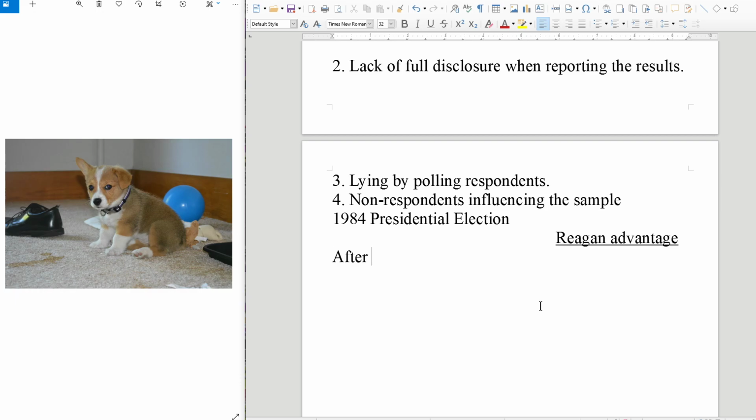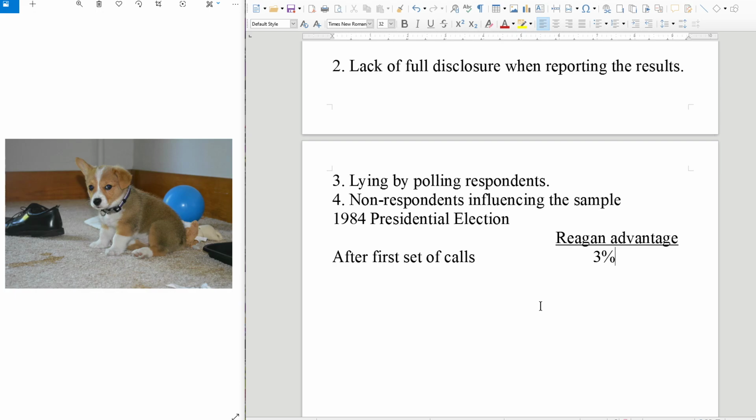After the first set of calls, when they contacted people, this was a probability sample on the telephone, Reagan had a 3% advantage. But, as you can imagine, some people were home when they called, other people were not home when they called.